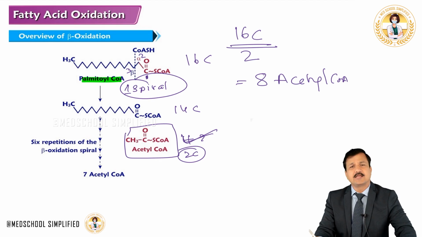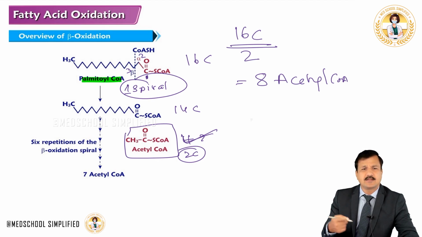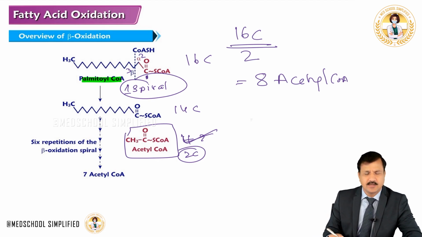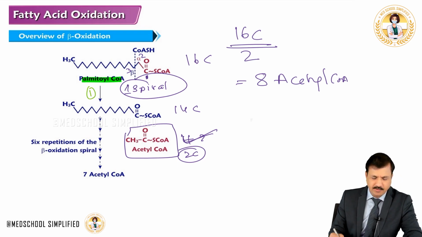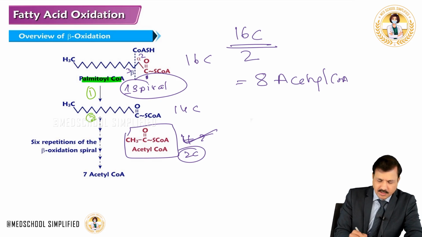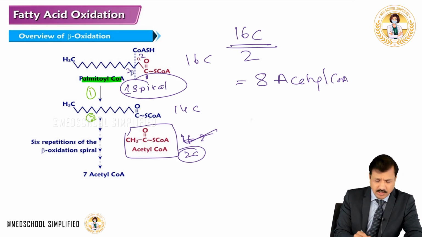Now, in order to get 8 acetyl-CoA, how many beta oxidation spirals does it take? If you look at this figure, this is number 1 beta oxidation spiral, and then number 2, the second beta oxidation spiral, with 14 carbon going in and giving you 12 carbon at the end.